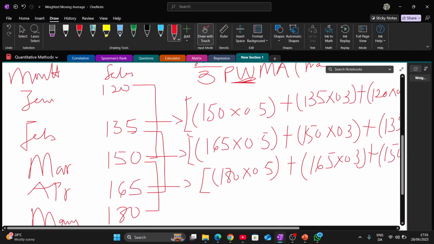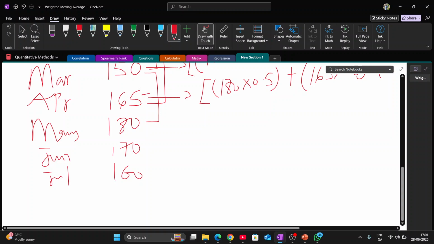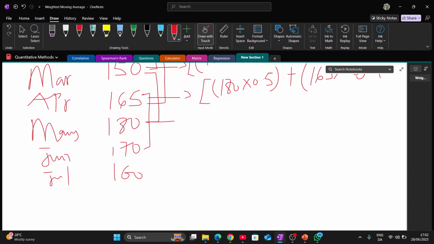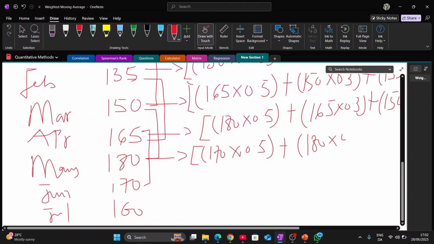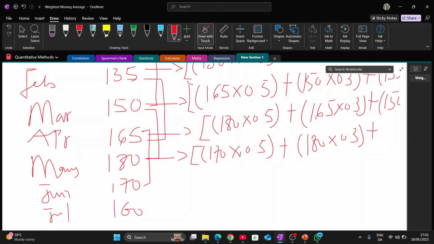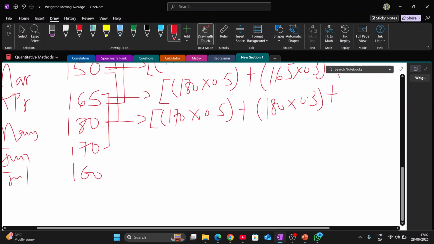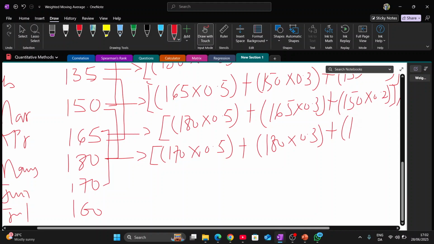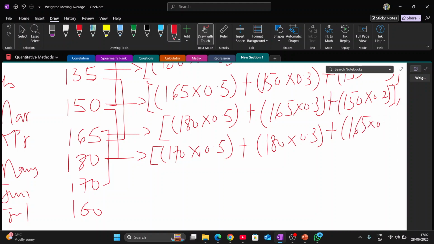So we're also going to begin from 165 to 170, corresponding to the month of May. The most recent data is 170 times 0.5 plus 180 times 0.3 plus 165 times 0.2, all divided by 1.